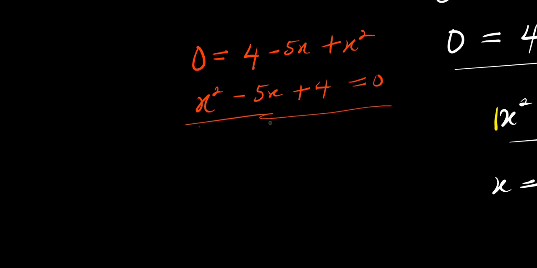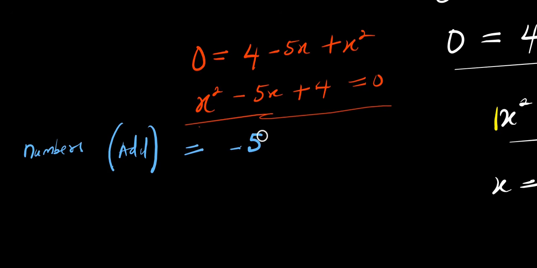In order to factorize this, we simply need two numbers that when we add them, we have -5, and once we multiply the two numbers, we will have +4.